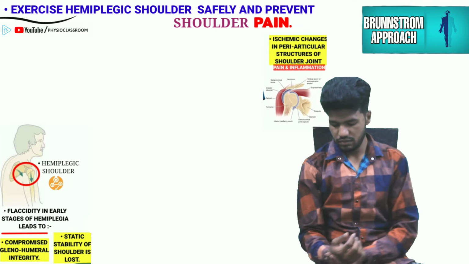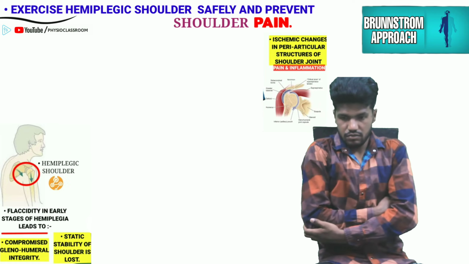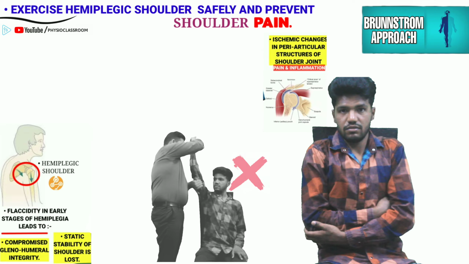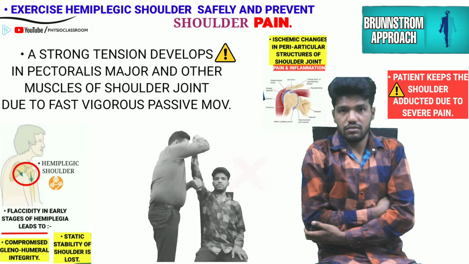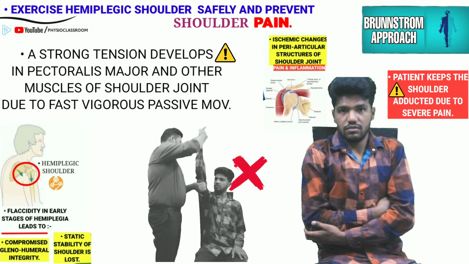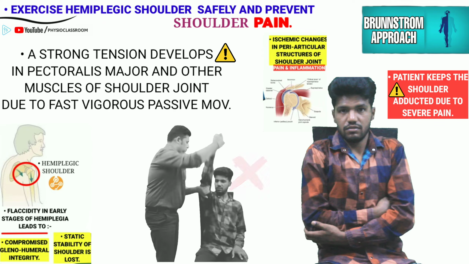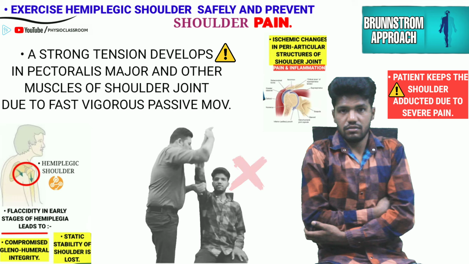In hemiplegic patients who develop severe shoulder pain due to vigorous forced passive movements, a strong tension develops in the pectoralis major muscle and the other muscles surrounding the shoulder joint. As a result, the patient keeps the shoulder immobile and close to the body.